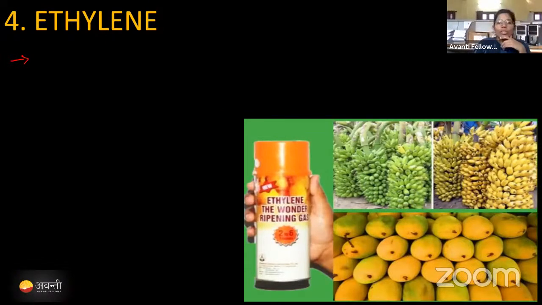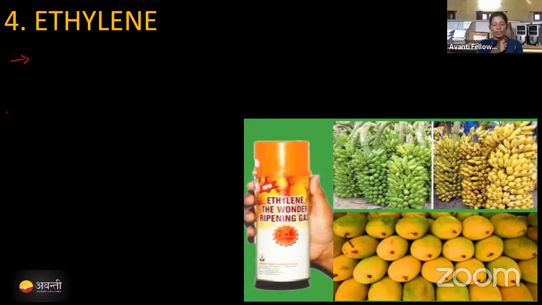Next is one more, that is ethylene. How did they get to know about ethylene? I'm going to tell you a little about the historical background. First, they observed there was some gas being produced from ripened oranges. Have you ever observed that if we keep a ripened fruit and a non-ripened fruit together, the non-ripened fruit also ripens very quickly?